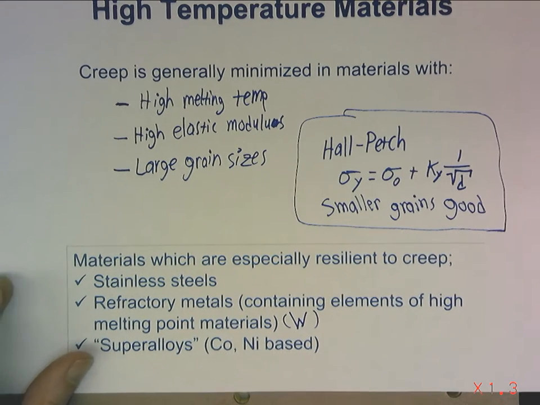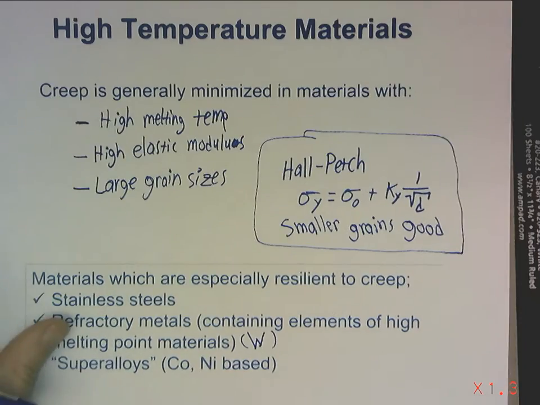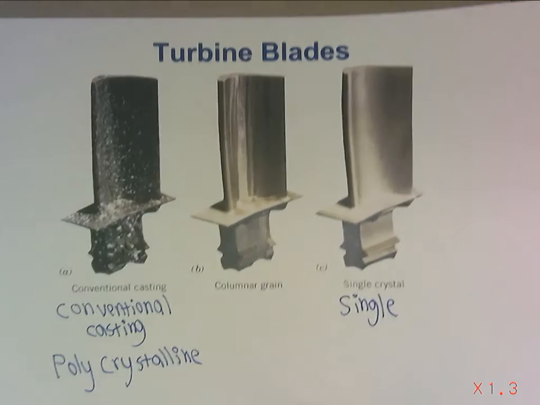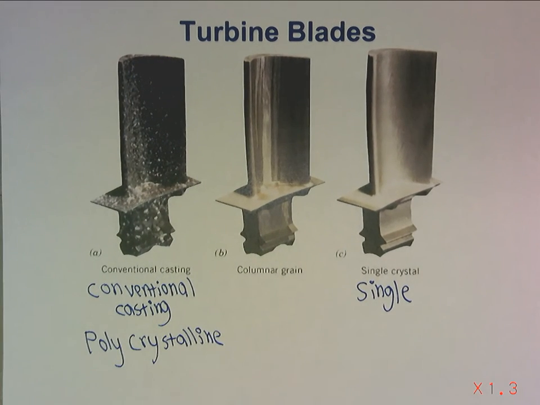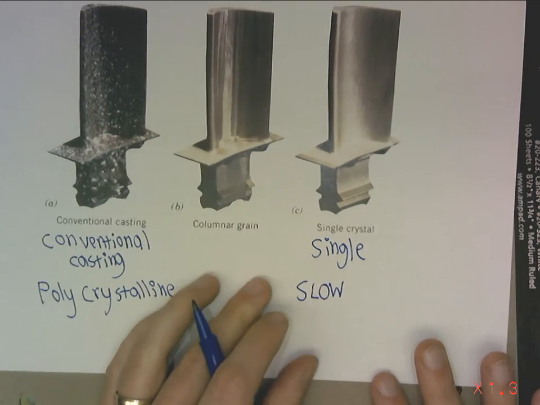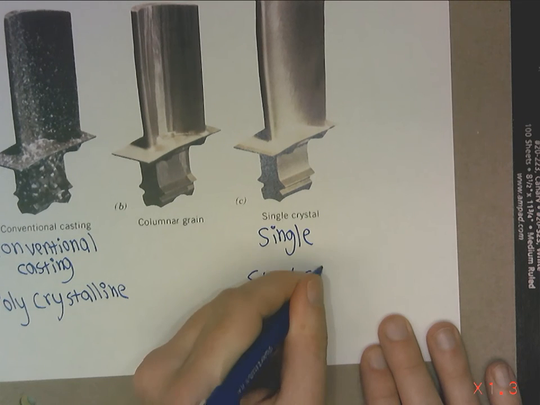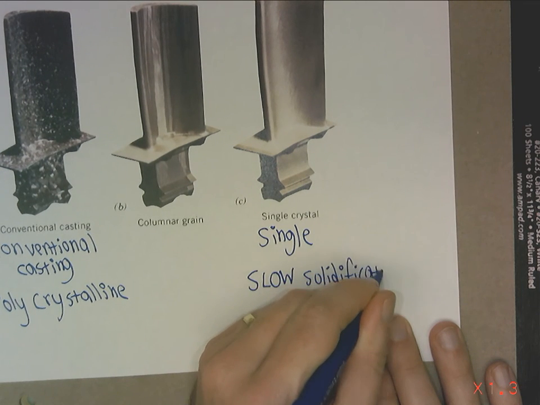But also materials that we can make single crystal, which is really a manufacturing process to do this. This requires incredibly slow solidification.